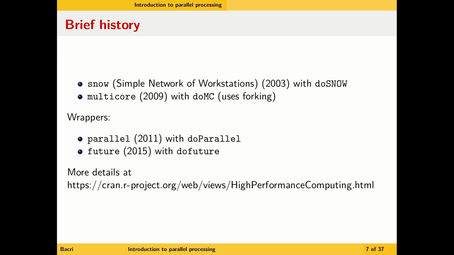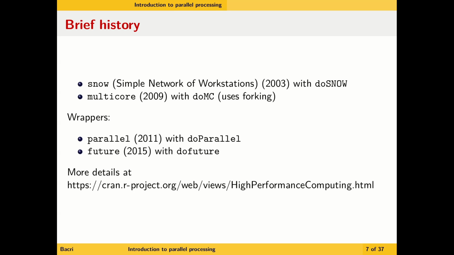After these two packages came, some people wanted to try and standardize the whole thing instead of having to use one package every time. So Parallel is a wrapper that combines the benefits of both and streamlines the whole process. You wouldn't have to use one package for one computer and another package for another one.